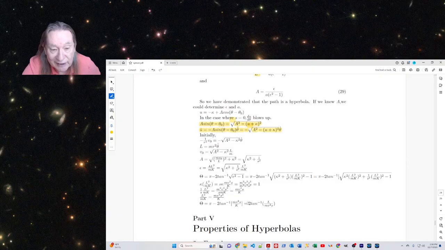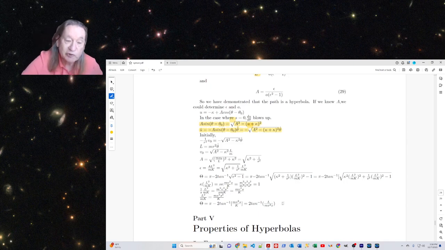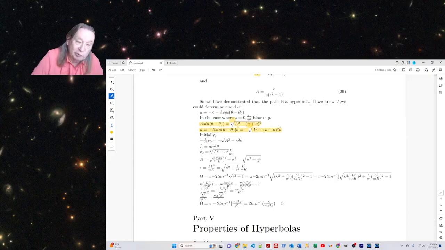Well, by a trig identity, you can get that the scattering angle is 2 times the arctangent of the angular momentum. Remember, the angular momentum is the same at the end of the experiment as at the beginning. The angular momentum divided by the mass times the initial speed squared times the impact parameter. Well, this is the principal result that all the textbooks have that I set out to prove.